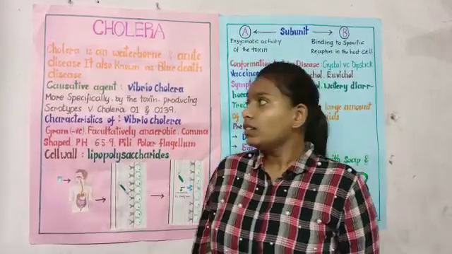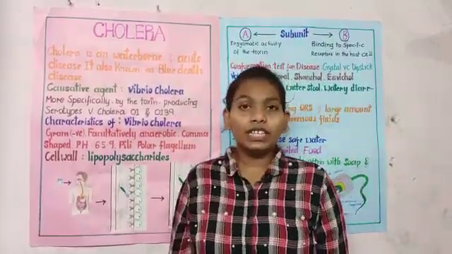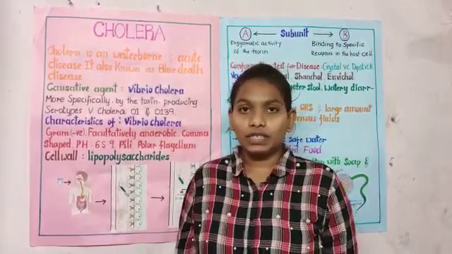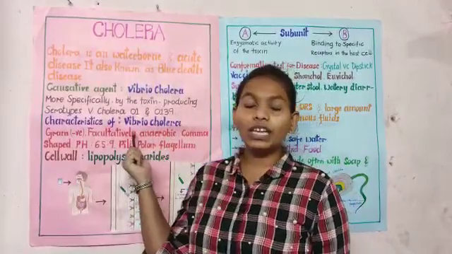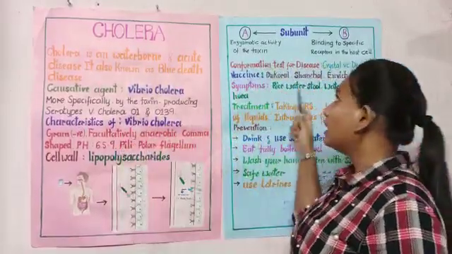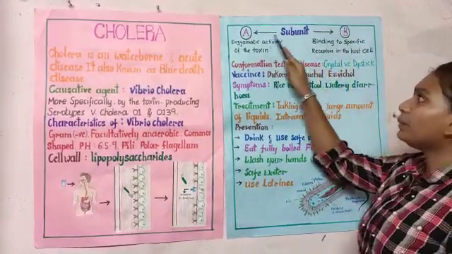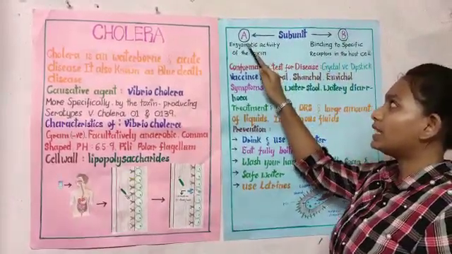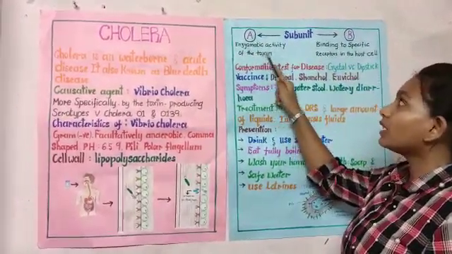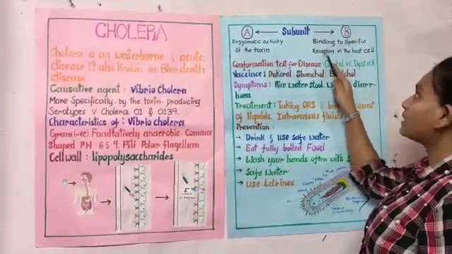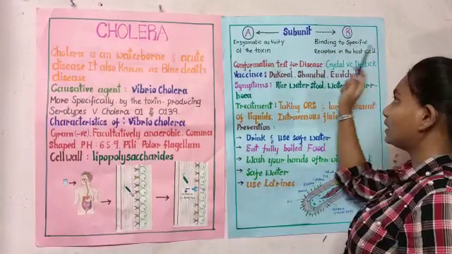Every toxin-producing pathogen will give complex AB toxins, known as subunit A and subunit B. Subunit A is responsible for the enzymatic activity of the toxin, and subunit B is responsible for binding to specific receptors in the host cell.